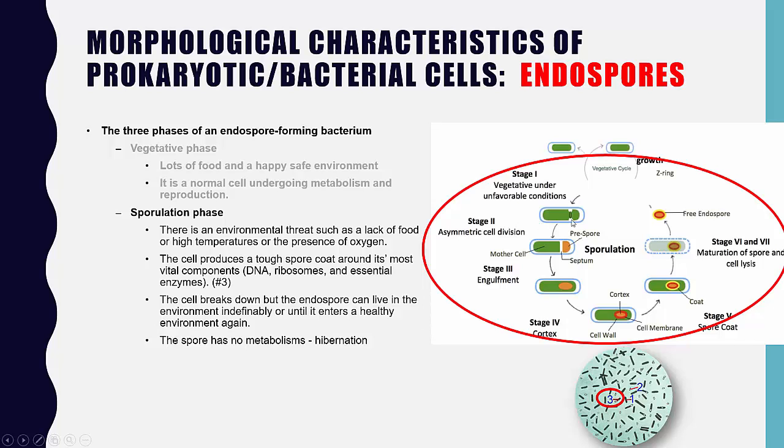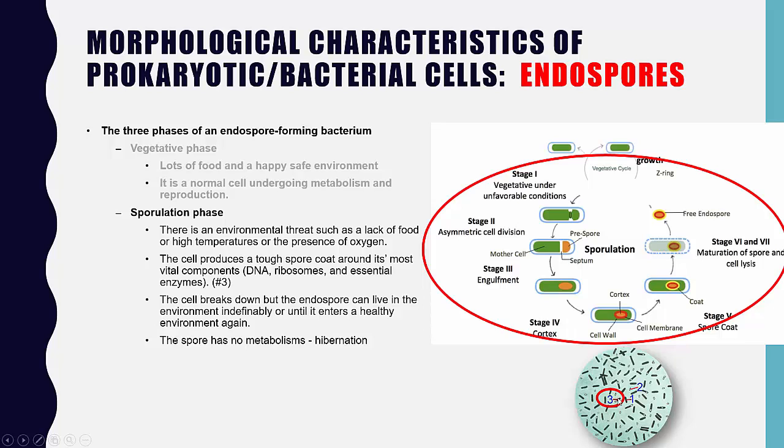Well, cells must have DNA, so they would make a copy of DNA and put that into an area where the spore is going to form. Ribosomes, because all cells have to have ribosomes like they do DNA to make proteins, so those get thrown in there. If there are essential enzymes, those get thrown in there.